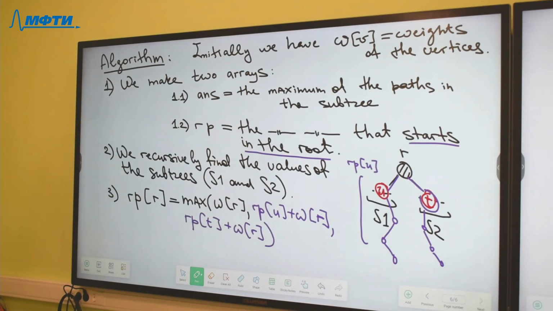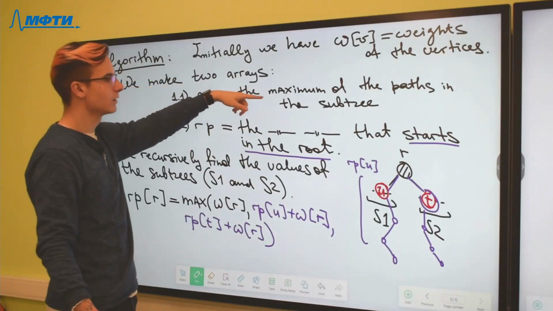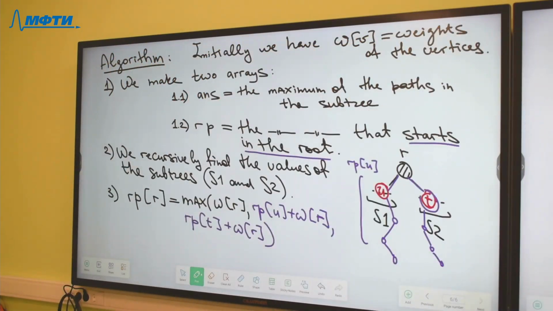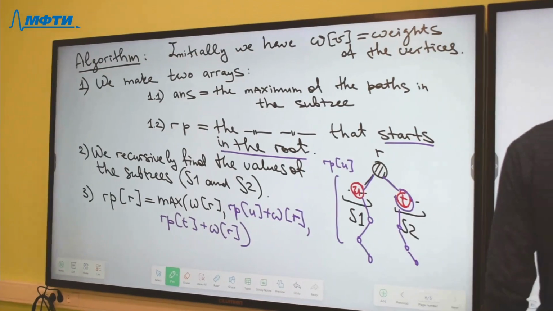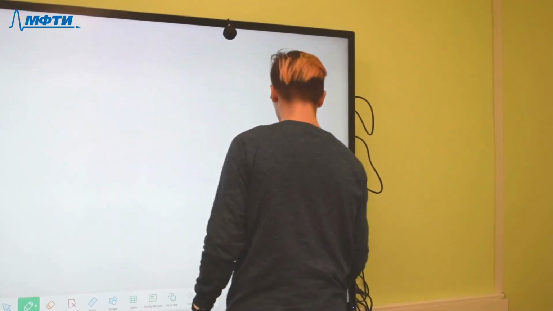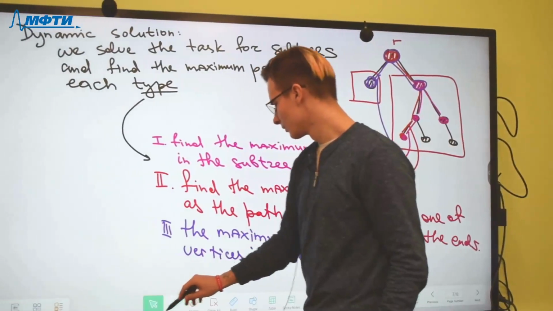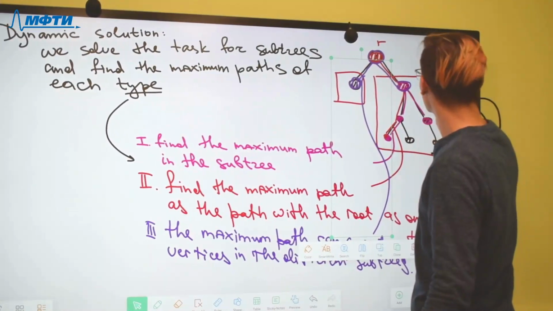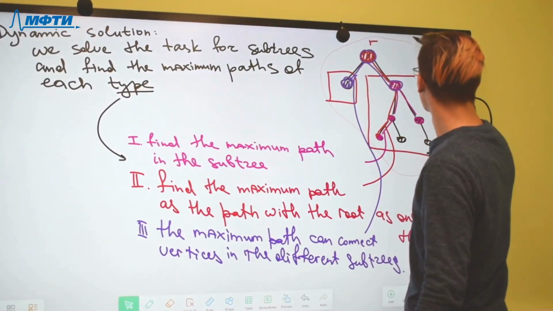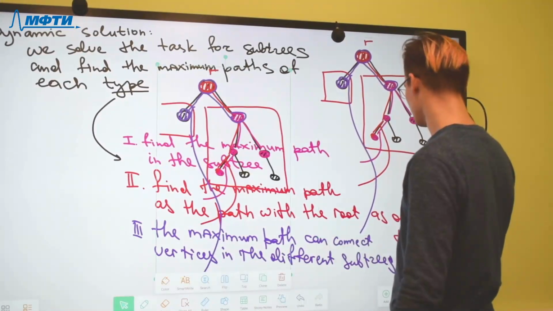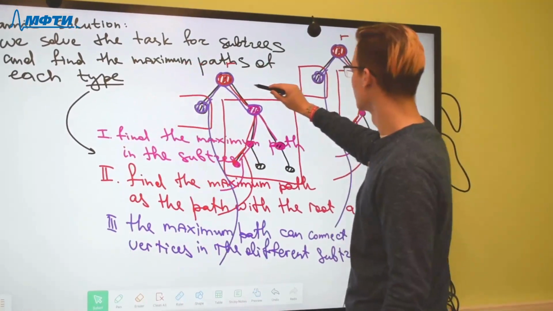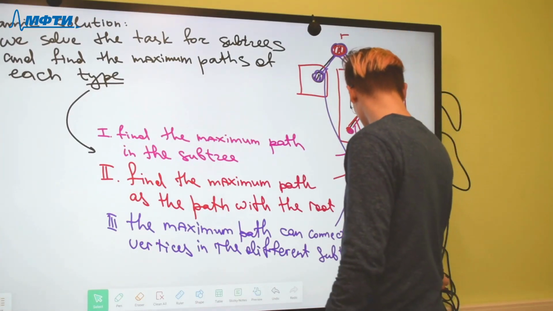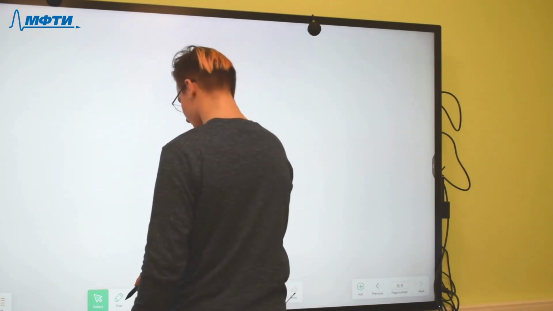Okay, and the maximum of the paths in the subtree. How to find it? I write a new tree.